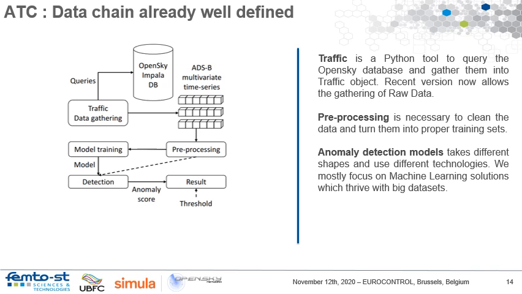Of course, because of that, pre-processing of the data is needed because OpenSky only treats the data for the state vectors, and this is not the case for the raw data, so we need to do that ourselves. We'll show that later. And we also try to develop a way to easily feed anomaly detection models. Efforts are made to be as general as possible to make the testing of different solutions easier.